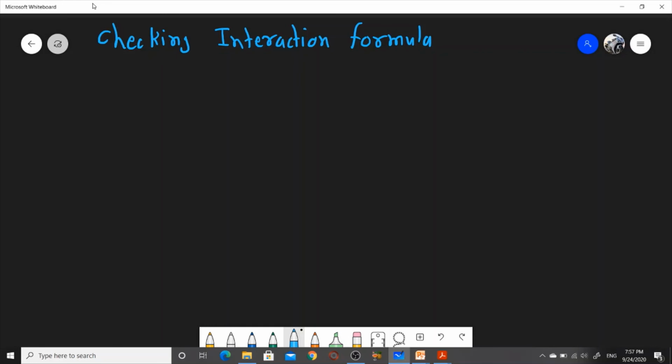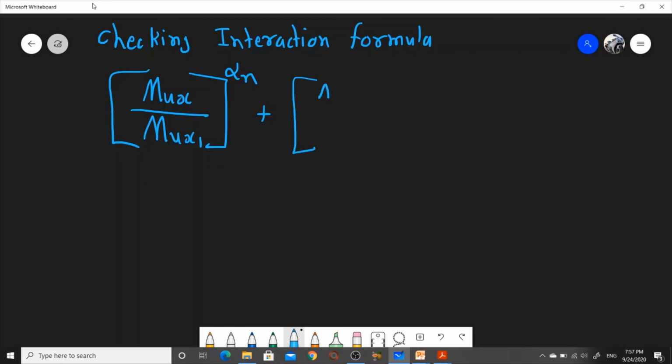For the interaction formula, MUX divided by MUX1 raised to alpha n plus MUY divided by MUY1 raised to alpha n is less than or equal to 1.